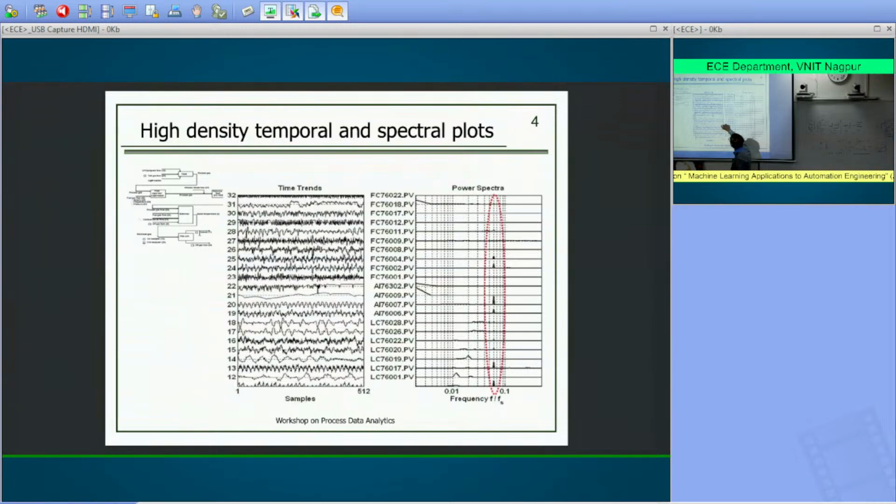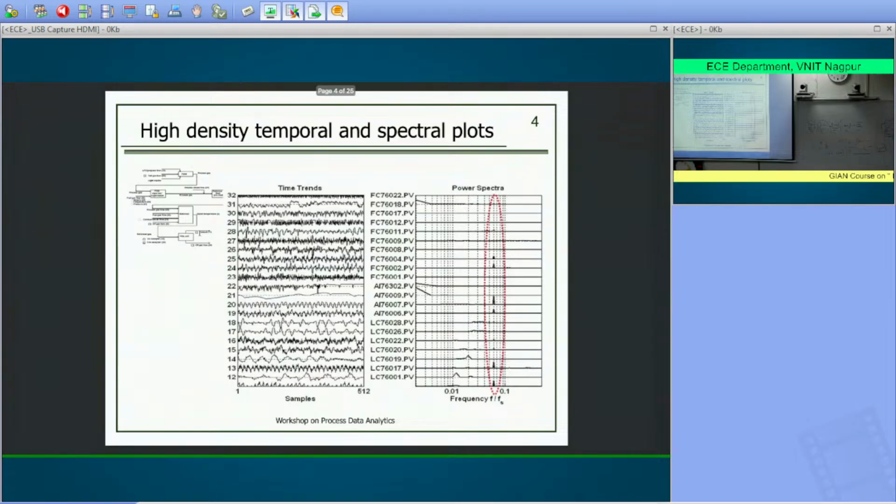I don't have the slide that I was hoping to show you, but the point I'm trying to make here is this is from a refinery.